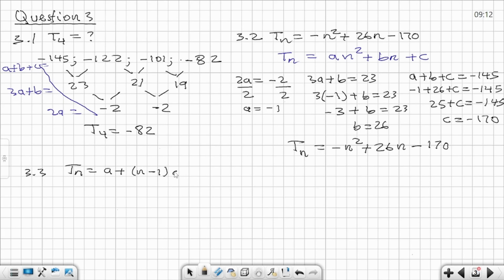for an arithmetic sequence. Now Tn, replace it with -121, is equal to, what is A? Your first term. In this case, it's 23 plus n minus 1 times your difference, which is the common difference, it's -2. So we're going to solve for n, and n will tell us the position of -121 in this first difference.